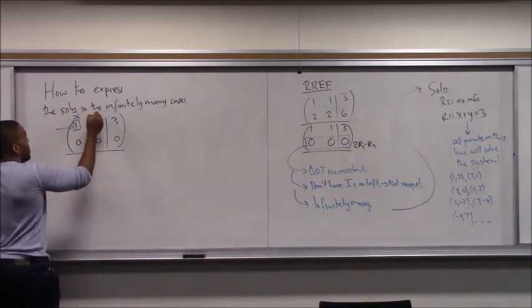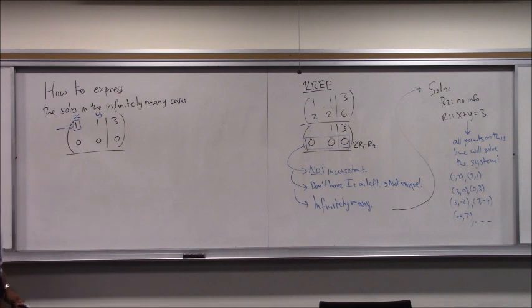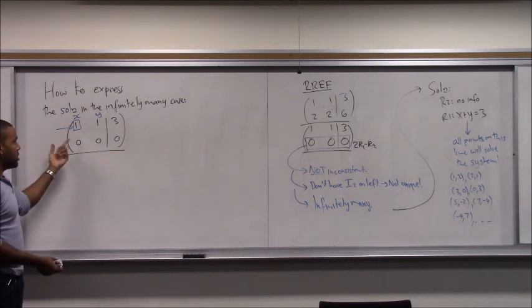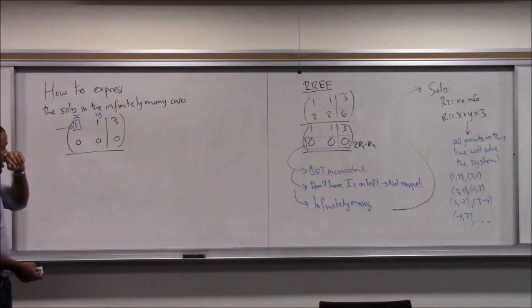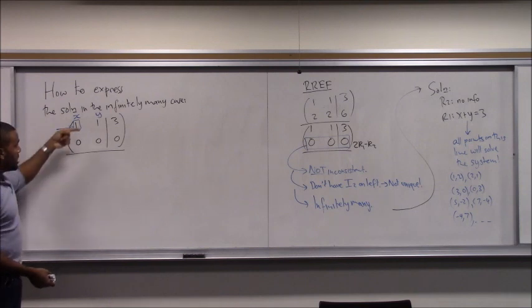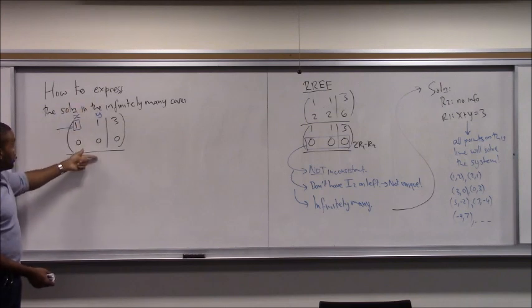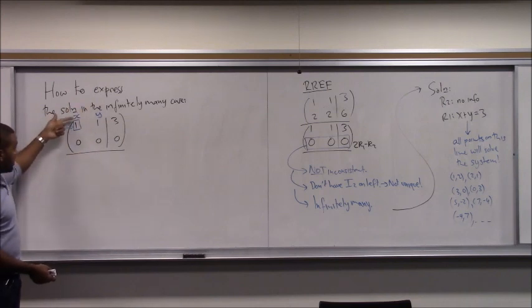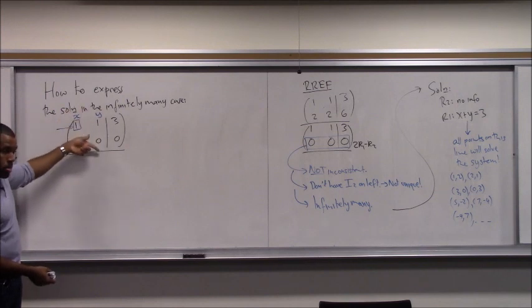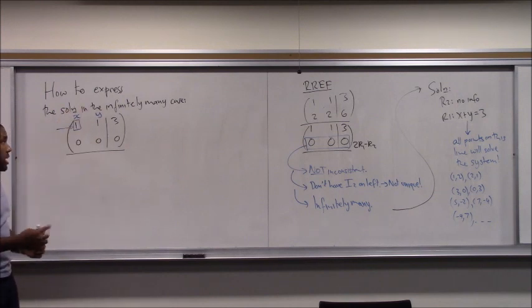And you also remember that the columns represent the variables. Of course, if it's not inconsistent and it's not unique, you have infinitely many. But another telltale sign is that you will have a variable that has no pivot in its column. Notice that there's only one pivot in this matrix and it's in the x column, but y does not have a pivot. So here is how you can express this idea.